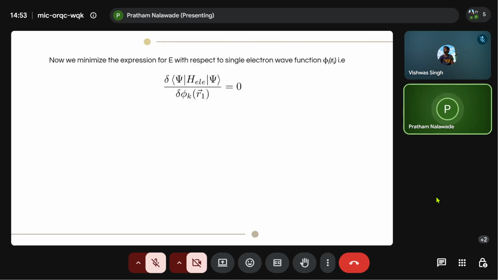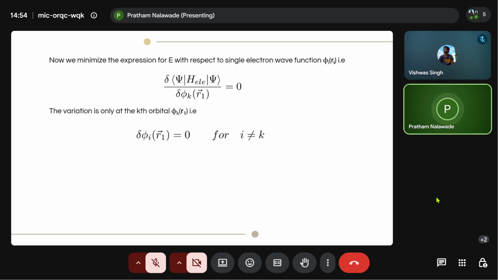Now we will minimize this energy to get the Hartree equation, so that we know what these single orbitals are, which have these energies. There are constraints here. We cannot just simply vary this single orbital wave function any way we want. I am varying my single particle wave function one at a time.